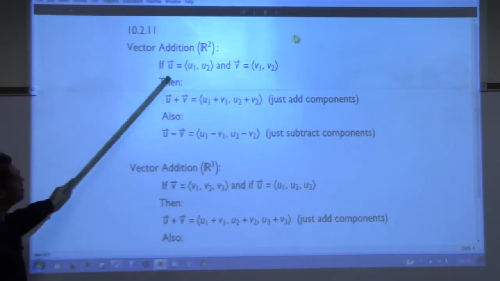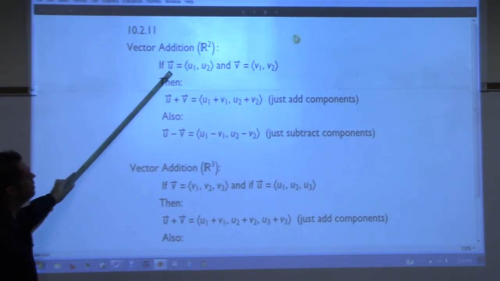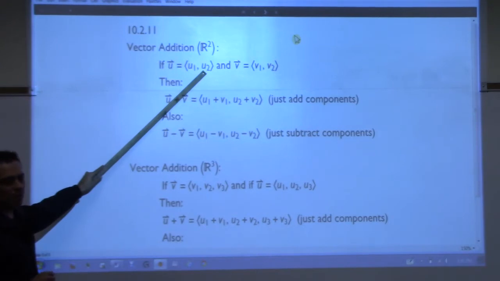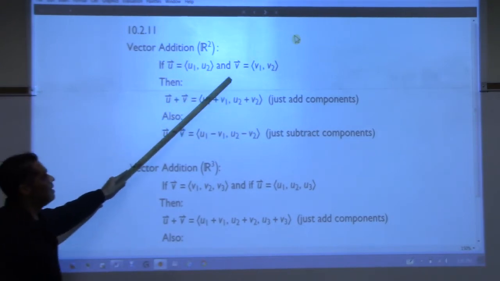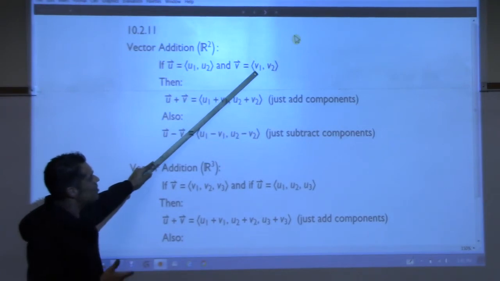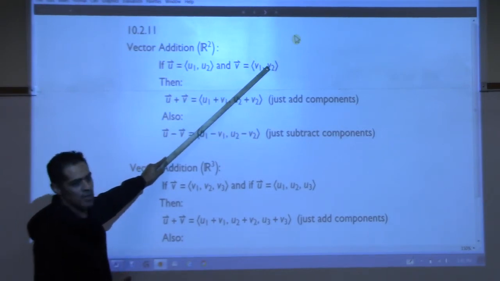If you have a vector in two-dimensional space, the vector u, then u1 is called its x component, and u2 is called the y component. And then you have a different vector, v, whose x component is v1 and whose y component is v2.